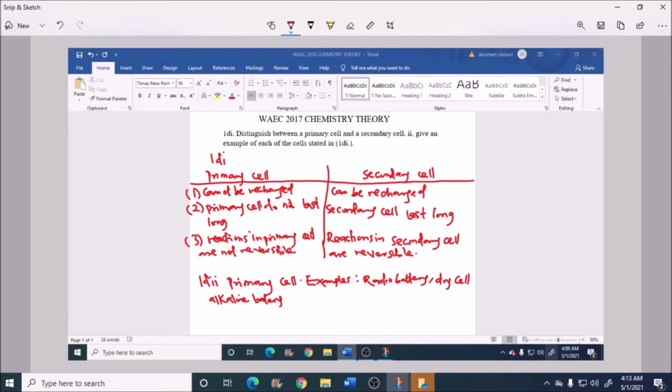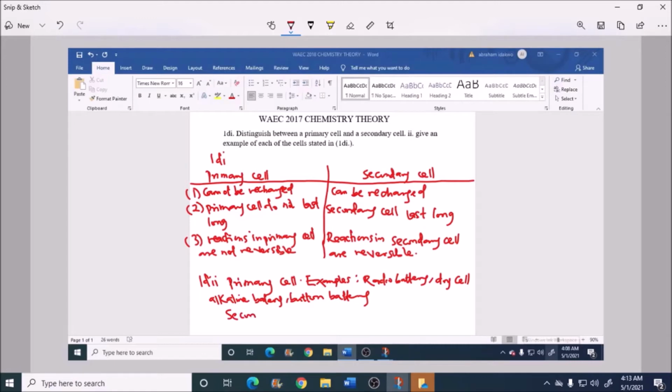Then we still have button battery. So these are the examples of primary cell. Then for secondary cell, we have to give examples as well.